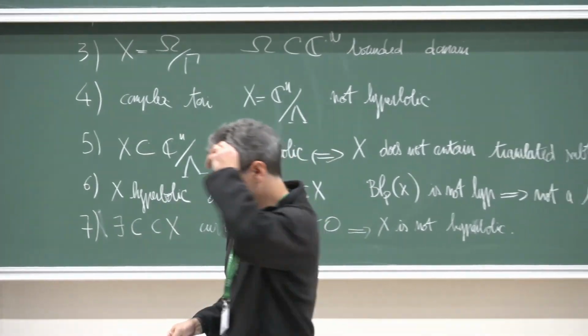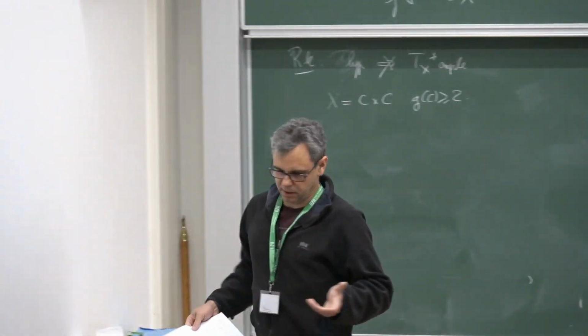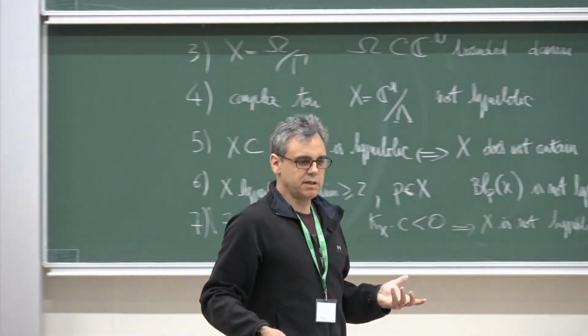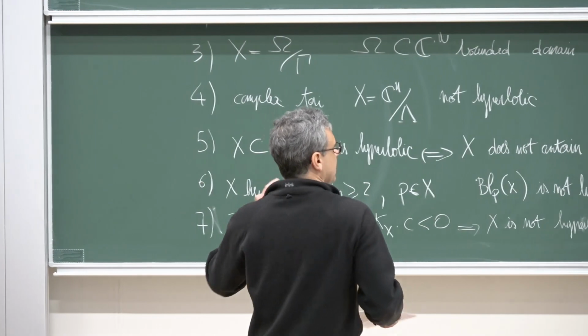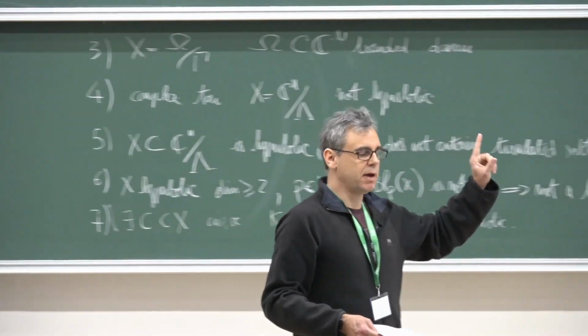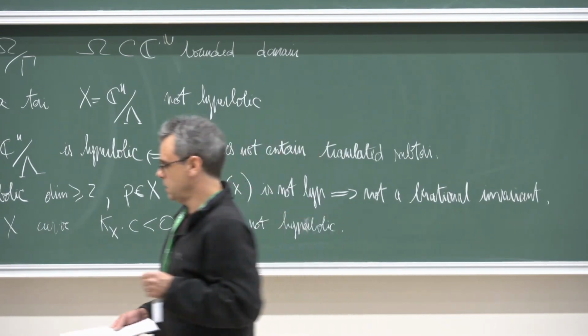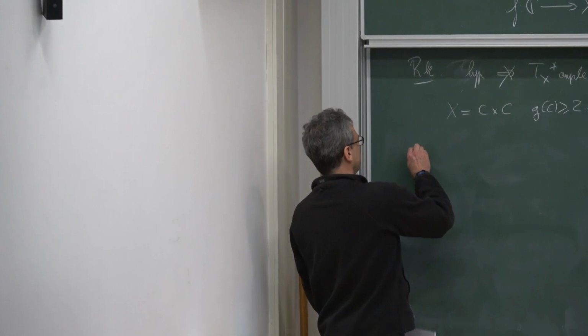But people have looked for algebro-geometric characterization of hyperbolicity, and there is another property shared by varieties with ample cotangent bundle, which is quite interesting. So this is the following.